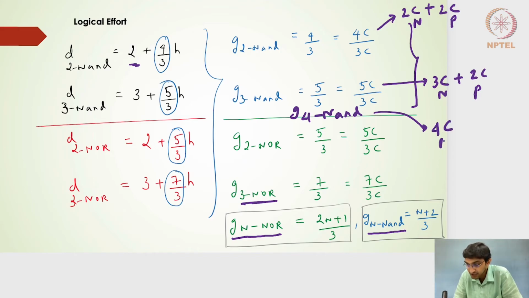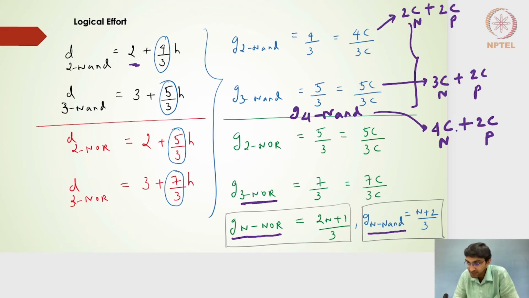And then this will come from the NMOS transistor at the output node, the one very close to the output node, plus the 2C coming from the PMOS input. So 4C plus 2C, that is coming from the PMOS.